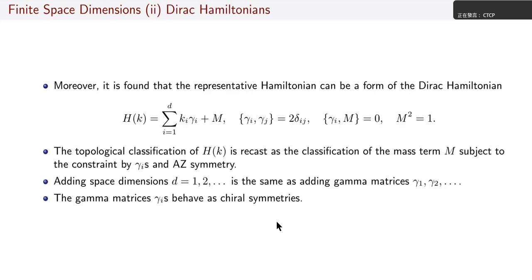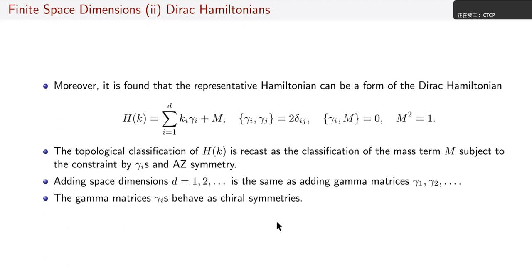Okay, so the second technique is that we can assume the form of the Hamiltonian by using K-theory. So the representative Hamiltonian to represent the classification can be in the form of a Dirac Hamiltonian.